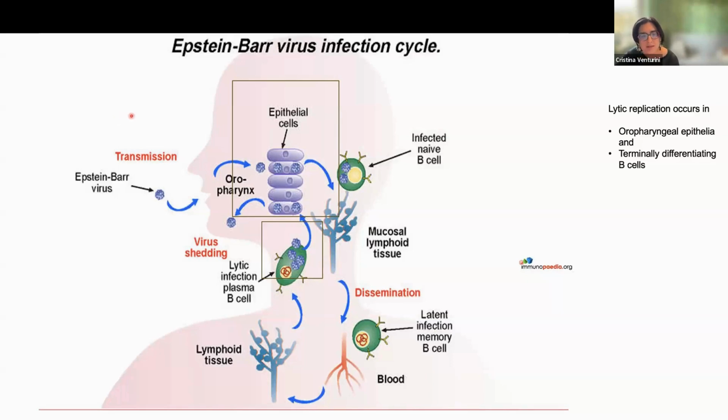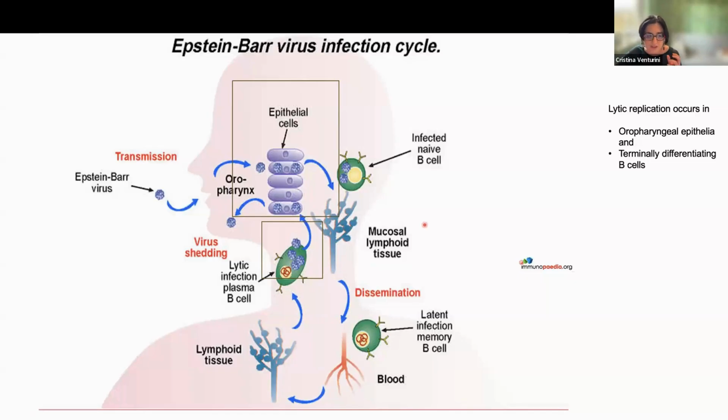Naive B cells become infected in the mucosal lymphoid tissue. They can then establish a pool of latency and infect memory B cells. After the primary infection, we can have periodic reactivation of latently infected B cells, which then reactivate again in the saliva.